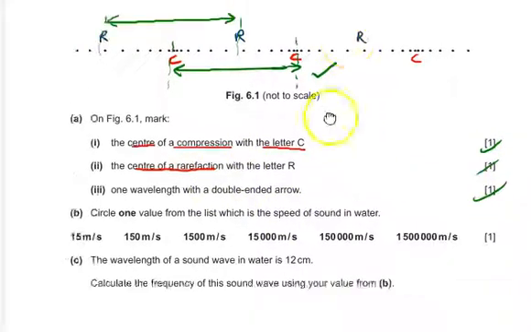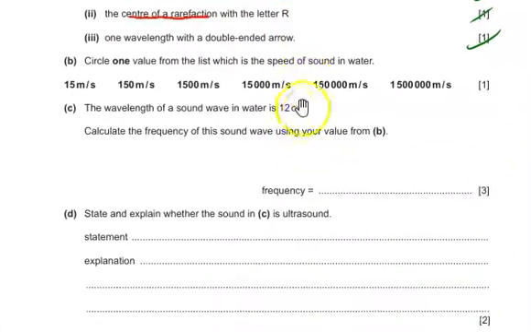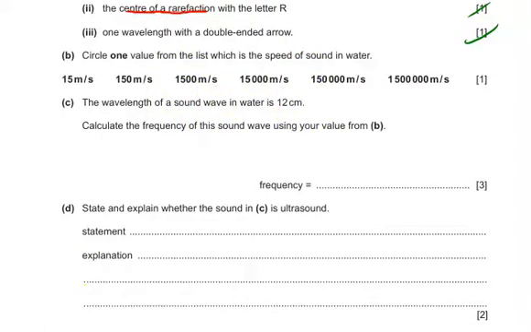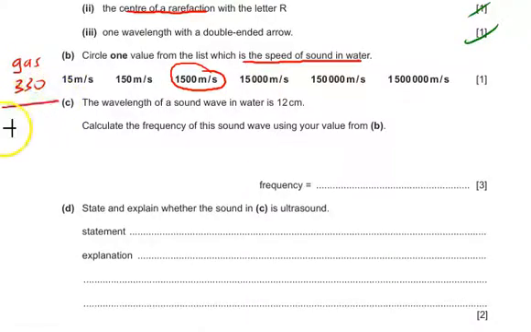Okay, now circle one value from the list which is the speed of sound in water. The speed of sound in water is definitely 1500. Remember, let me start with gas. The speed of sound in gas or air is about 330.